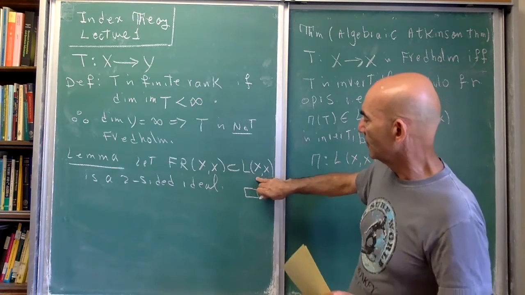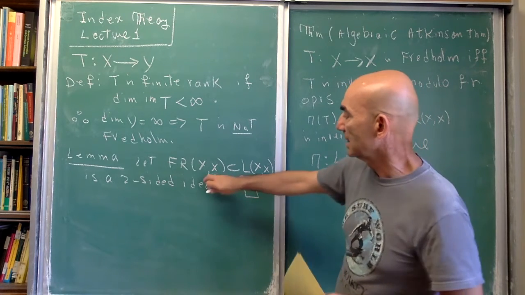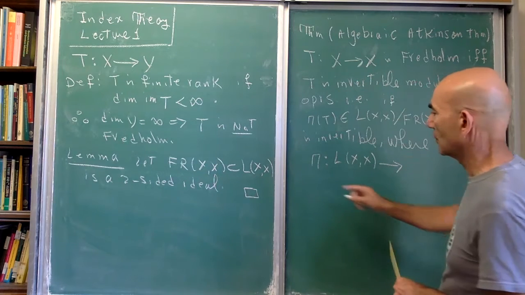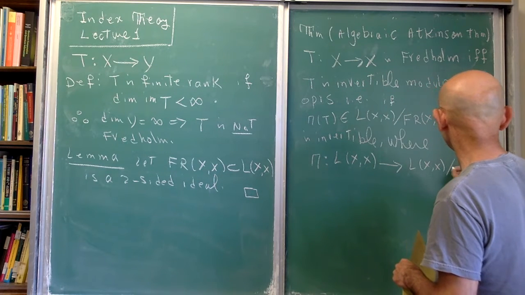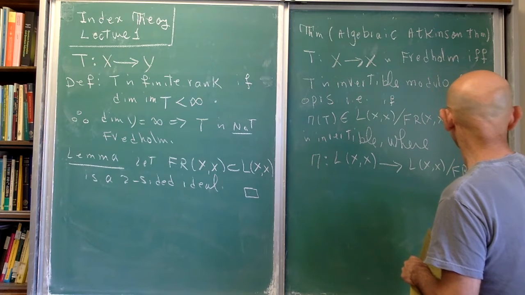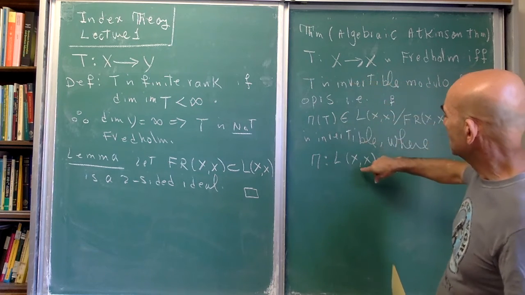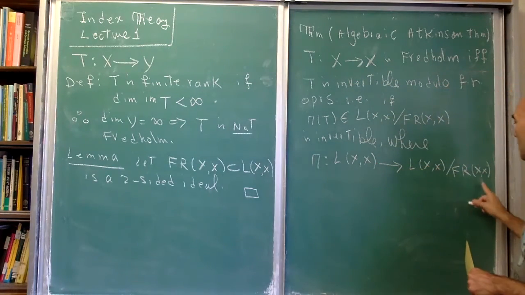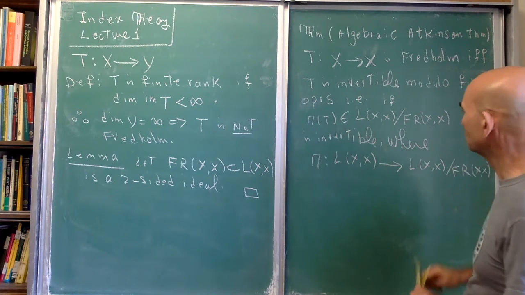This is an algebra over your field, and this is a two-sided ideal. So we can take the quotient and go into the quotient algebra, which is a unital algebra again. So the result says that T is Fredholm if and only if you push it into this quotient algebra, it becomes an invertible element of this algebra.